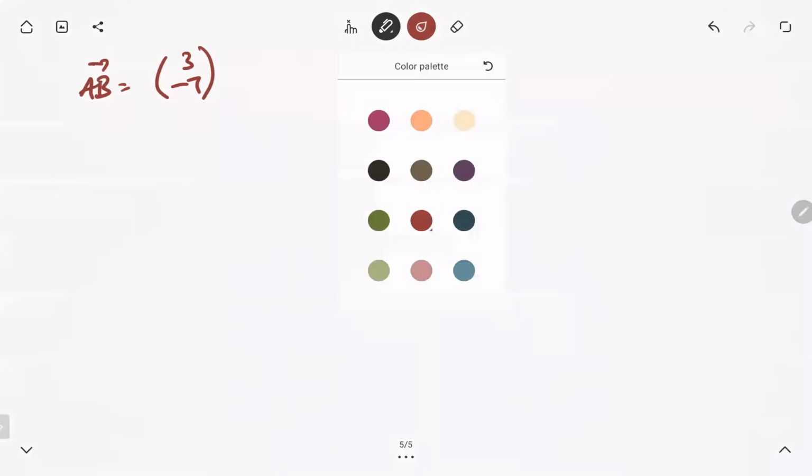If we take an example, a vector AB is given as (3, -7), and you want to calculate the length from A to B, or the length of the vector AB. So how will you calculate? Simply, the length of vector AB is the square root of x square plus y square. x square means 3 square, y square means minus 7 square.